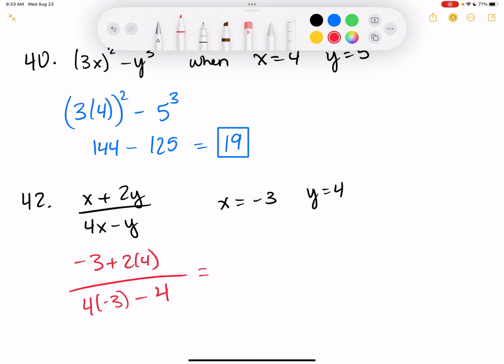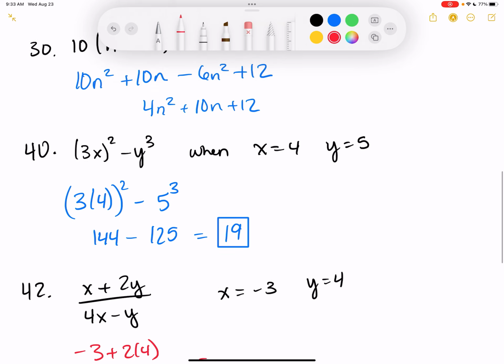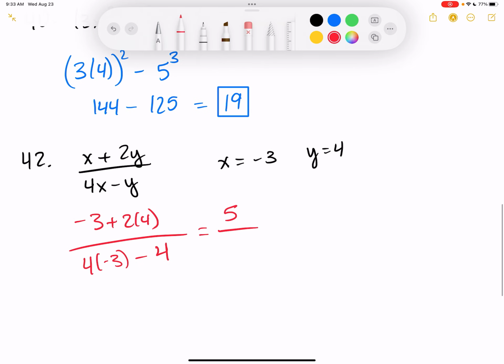So what does that give me on top? 5. And how about the bottom? -16. Yep. Just leave it like that.